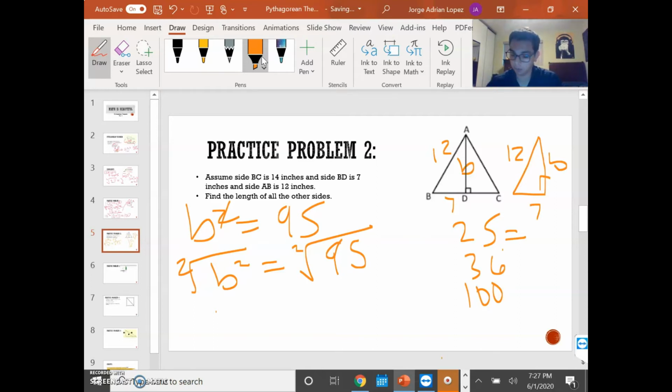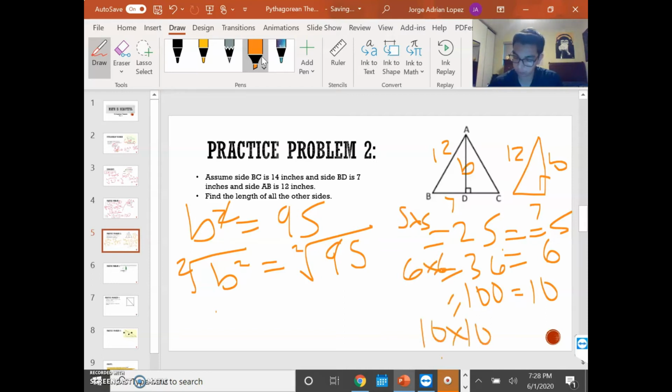So, what's the square root of 100? 10. What's the square root of 36? 6. And what's the square root of 25? 5. Because these numbers are literally just a number multiplied by itself. 25 is 5 times 5, 36 is 6 times 6, and 100 is 10 times 10.